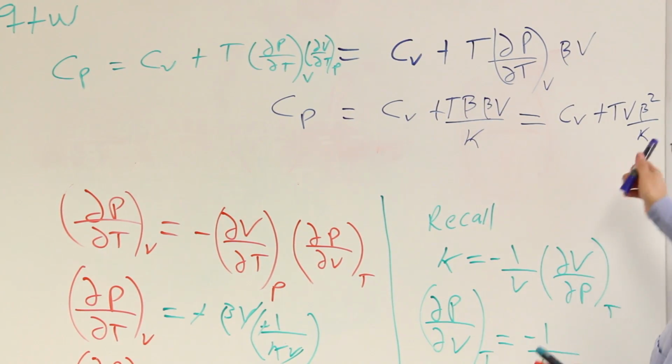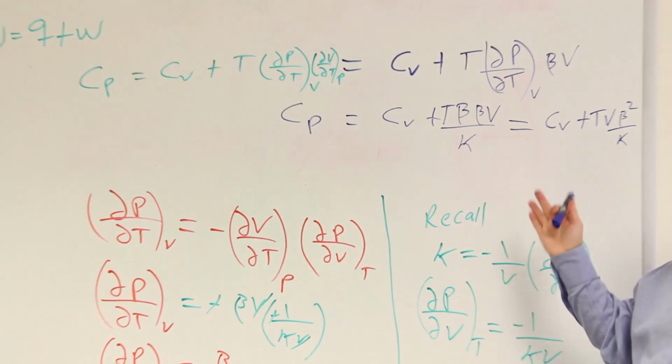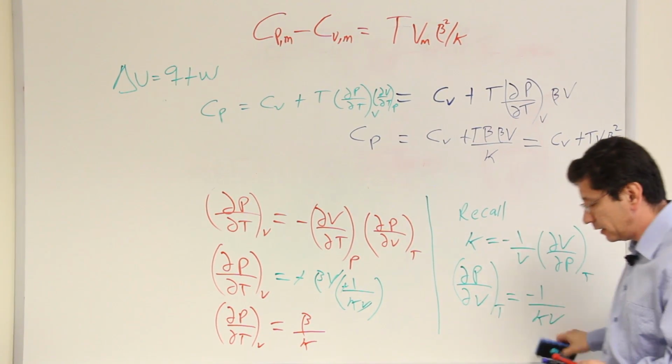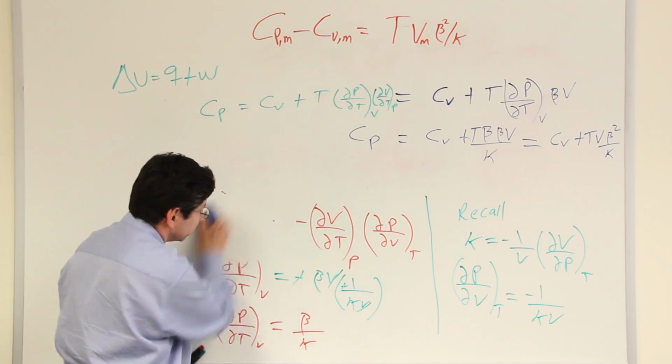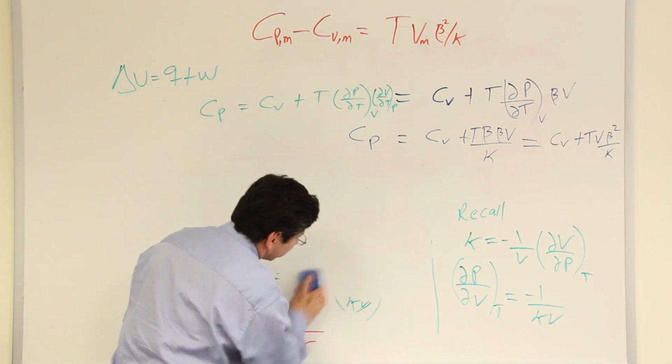Okay, so how do I get the m? Well, what you need to do is divide by n, the number of moles. If you divide this quantity by n, then we end up with our desired final result. So that's the next 30 seconds, we're going to do that.